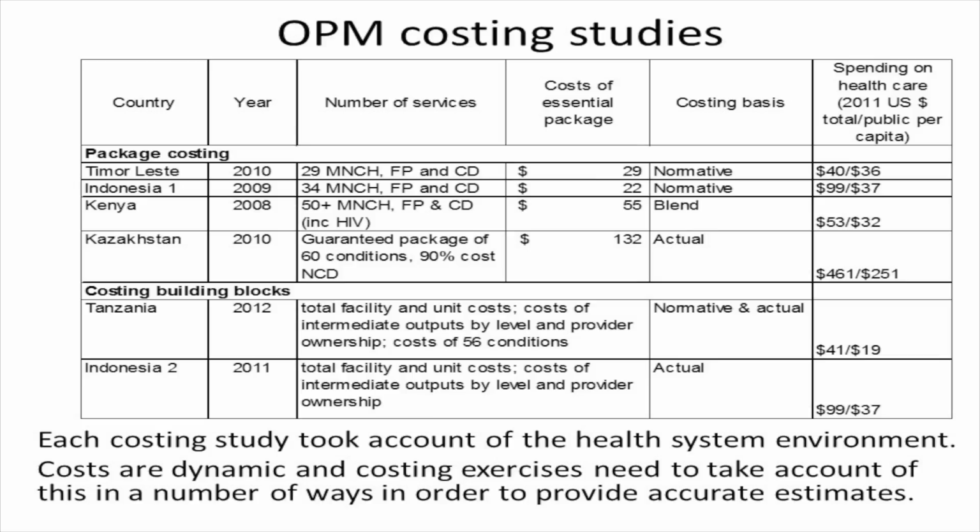One are studies that have looked specifically at packages, the costs of essential packages, and studies have been done in Timor, in Indonesia, in Kenya and Kazakhstan. And those studies have come up with the costs of essential service packages. You can see figures there: $29, $22, $55. These are per capita costs of an essential package of services.